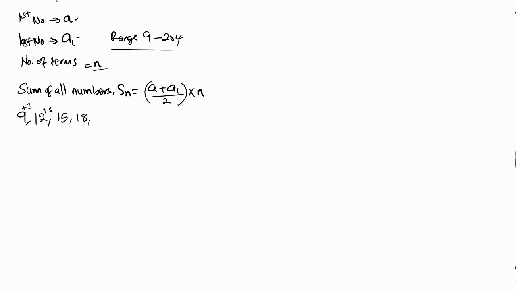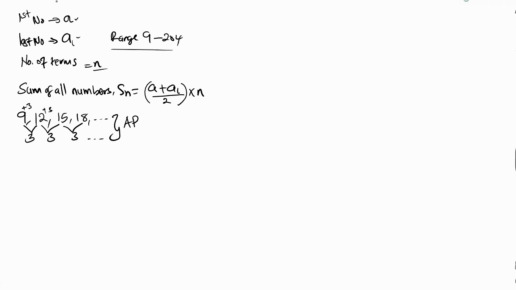And then 18, and so on. You realize that we have a sequence of numbers here with a common difference of 3. Right? So here the difference is 3, the difference is 3, and the difference is 3, and so on. This is an example of an arithmetic progression.